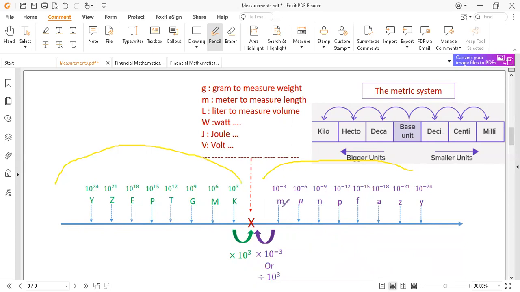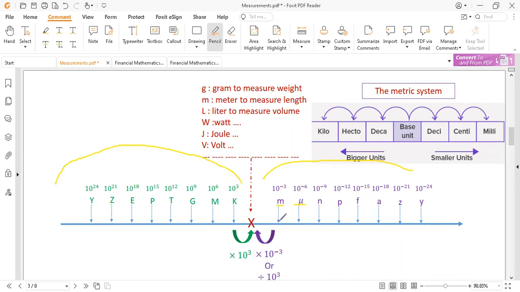So normally the smallest symbol, the smallest letter, represents the smallest unit.